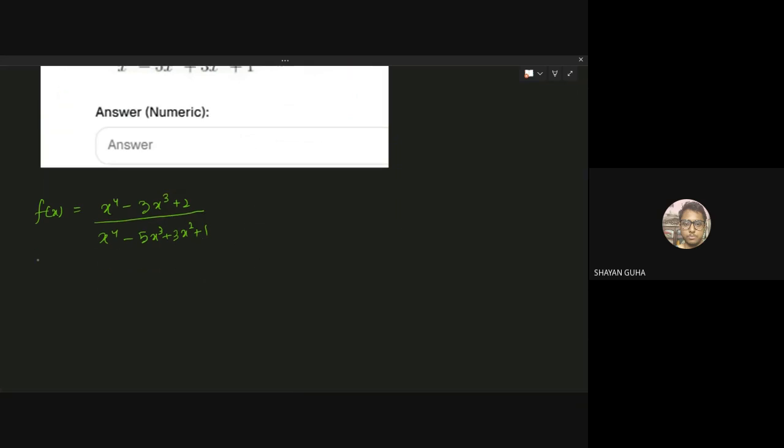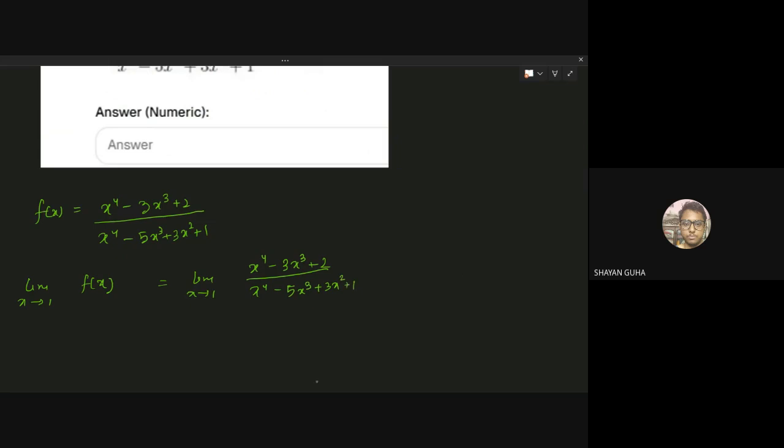So I am trying to evaluate the limit as x tends to 1 of f(x), which is the limit as x tends to 1 of x to the power 4 minus 3x cube plus 2 divided by x to the power 4 minus 5x cube plus 3x square plus 1.